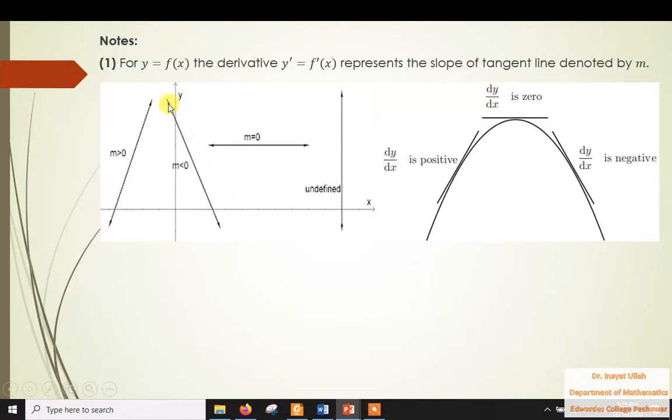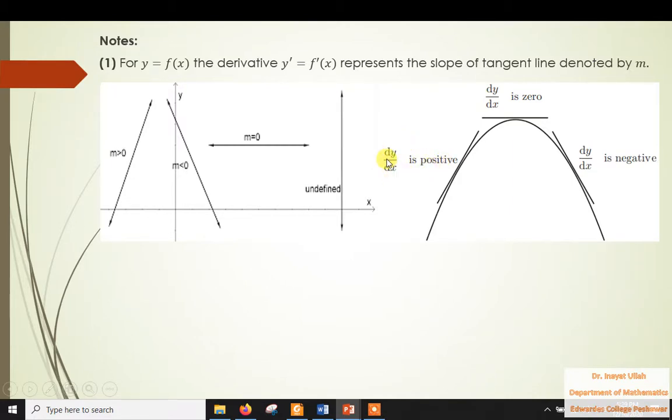The slope of this line is actually the derivative of the function we have studied. So for this portion, wherever you draw a tangent line, here, there, or there, these lines look just like this line, and for this line the slope is positive. So for those tangent lines, the slope will always be positive.